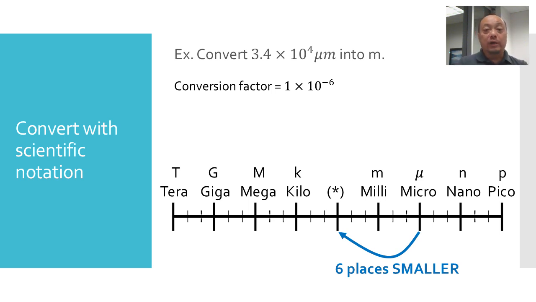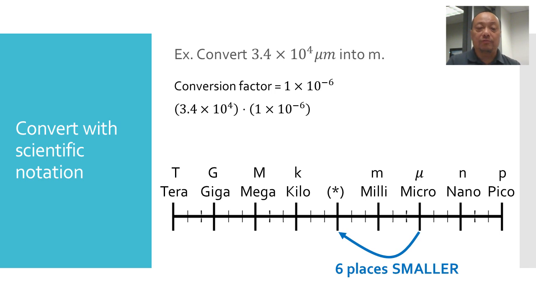We take our number and we multiply by the conversion factor. 3.4 times 10 to the fourth times 1 times 10 to negative 6. First, we multiply the numbers. 3.4 times 1 equals 3.4. Easy. Now we multiply the powers of 10.